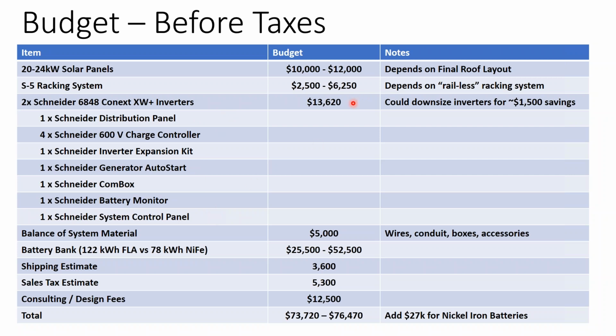At $13,700 for a 20 kilowatt system, this does include some additional balance of system material, but you really do need this balance of system material for a larger battery inverter system. Your inverter related project costs, 20 kilowatts, $13,600. Our inverter budget came out to be over 50 cents per watt.